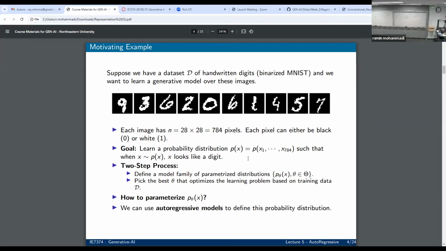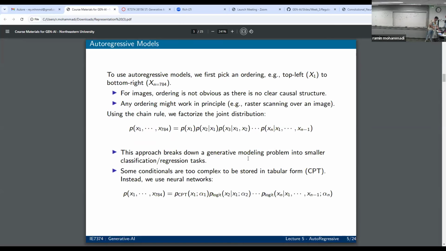So in order to parameterize this, you need 2 to the power of 784 parameters. And if you think about it, that's more than the number of atoms in the universe. So it's pretty challenging if you want to learn this combination of whatever is happening. Now, in order to solve something like this, we are using a technique called autoregressive.